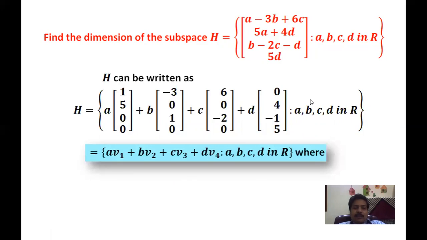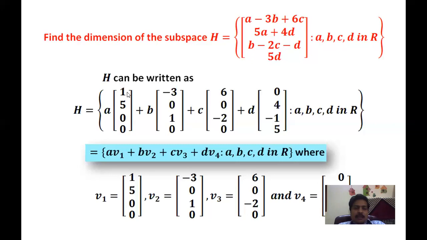This can be further simplified as the set of A V1 plus B V2 plus C V3 plus D V4, where A, B, C, D are real numbers, where V1 is this first column vector, and V2 is this one, V3 and V4.